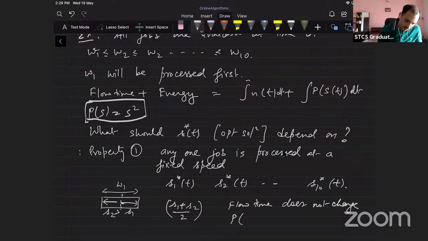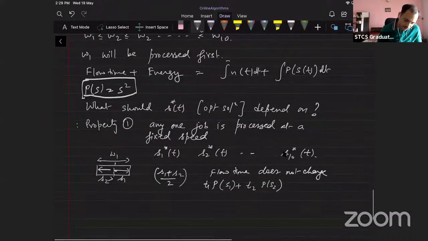I'm avoiding overload of notation. So this is now T1 times P of S1 plus T2 times P of S2, and compare this to T1 plus T2 times P of S1 plus S2 by 2.